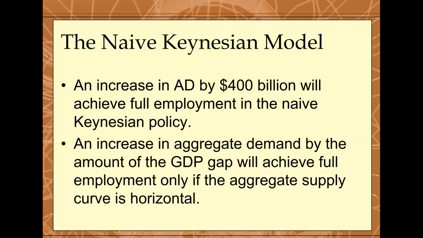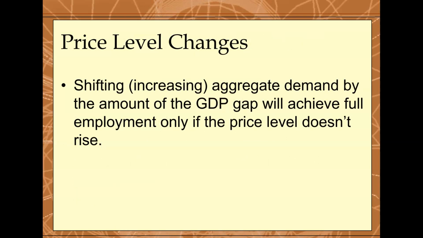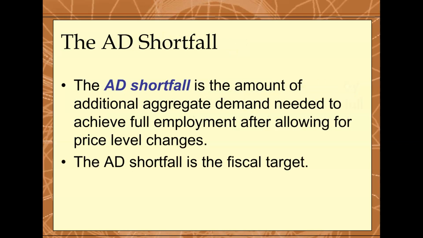An increase in AD by the amount of the GDP gap will be achieved only if the aggregate supply curve is flat, which is another fancy way of saying prices are not changing. Shifting AD by the amount of the GDP gap will achieve full employment only if the price level doesn't rise, but it will, so that's why we call it naive.